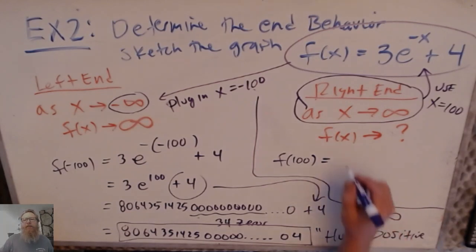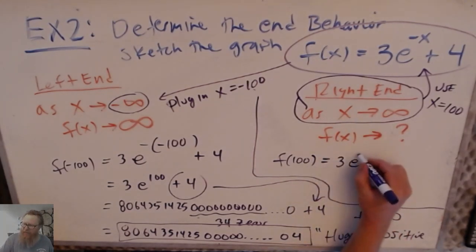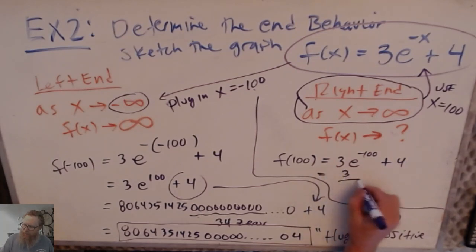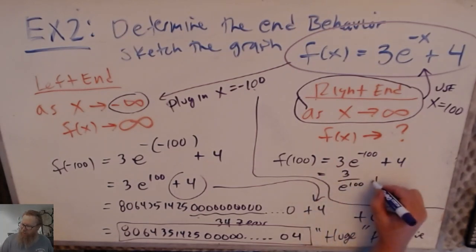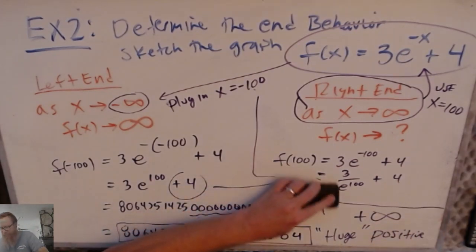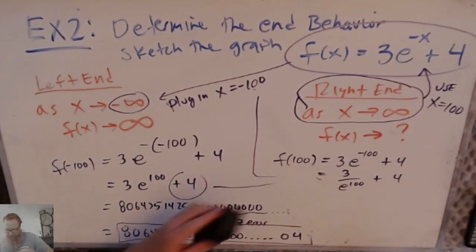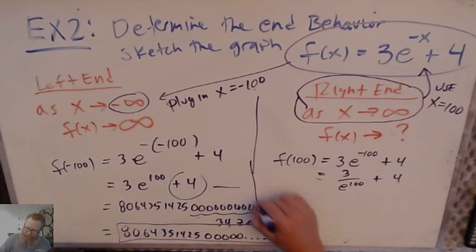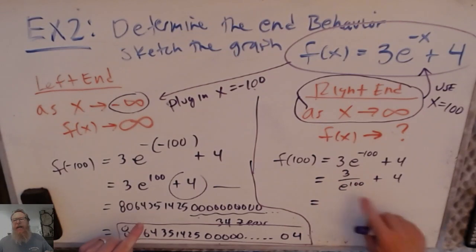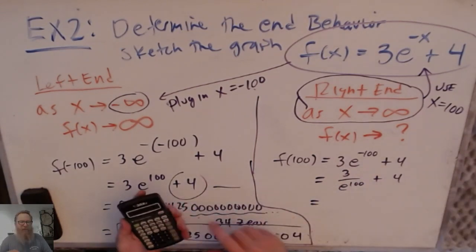Let's see. 3e to the negative 100 plus 4, which is 3 over e to the 100. Okay, 3 divided by e to the 100.